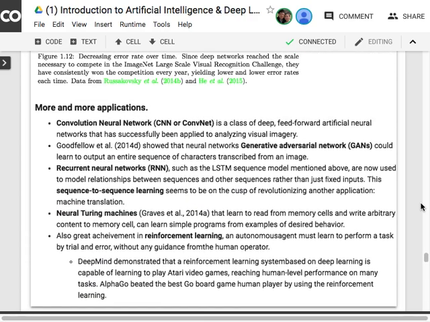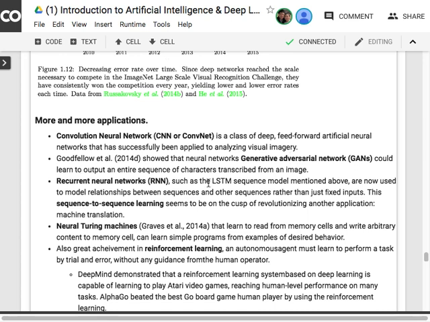And then the next one is the recurrent neural network, or RNN. It is used for sequences. It is used to model the relationship between one sequence and another sequence. It is very good for time-domain sequence models.